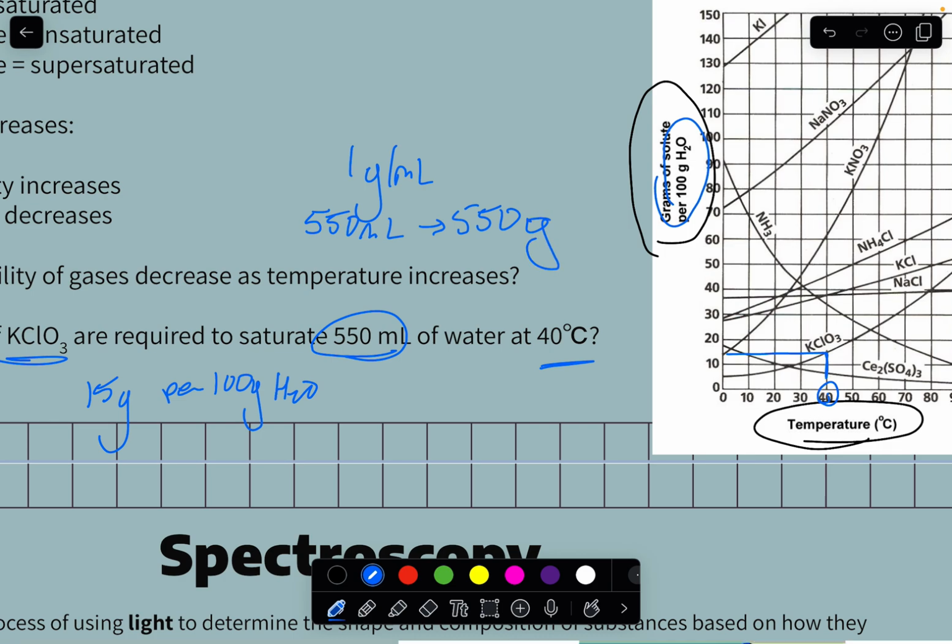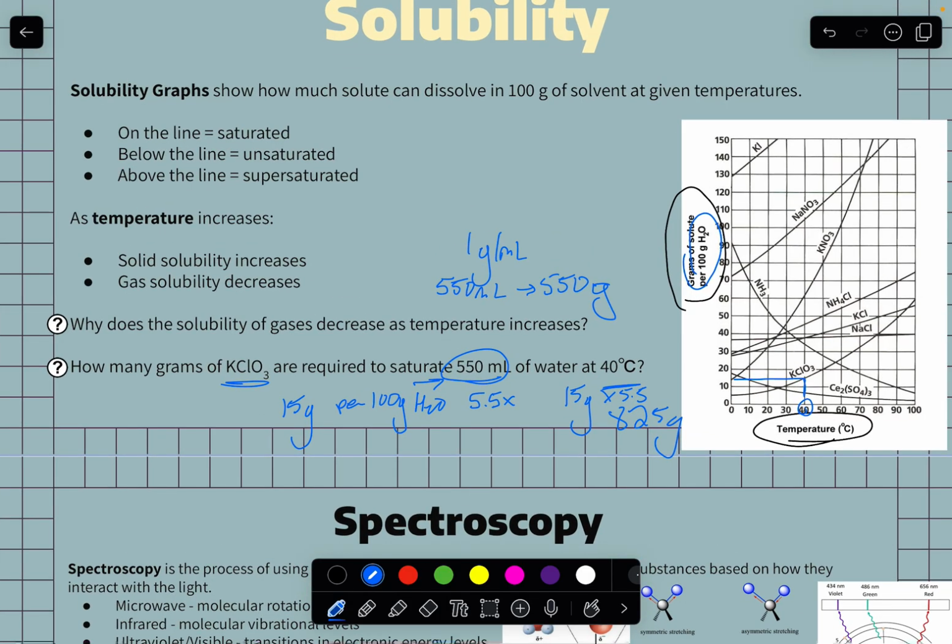From 100 grams to 550, that's about a 5.5 times increase. So we're going to do 15 grams that we originally had times the 5.5 increase, and we should get 825 grams of KClO3. Okay, so that's how you're going to use these kind of graphs here.